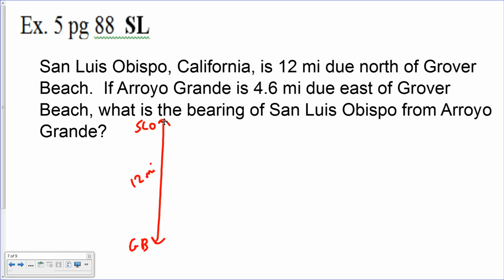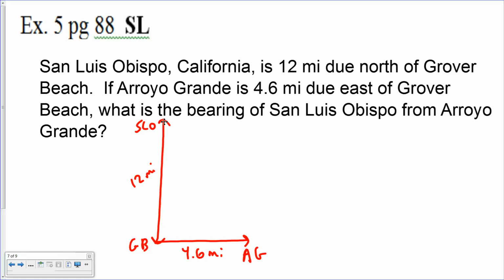Second sentence, if Arroyo Grande is 4.6 miles due east of Grover Beach, here's Grover Beach, due east is at a right angle, so that means it's going to be 4.6 miles. I now have the second part of that drawing.